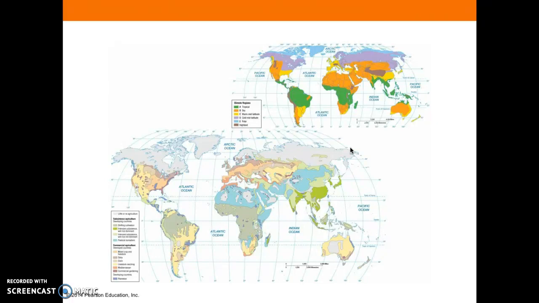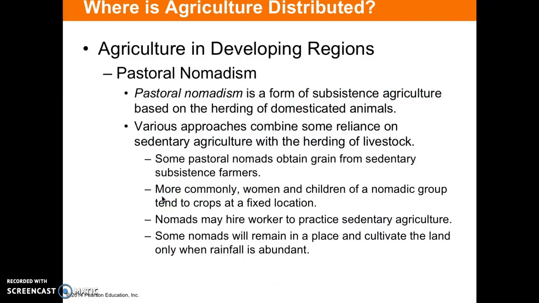And then in these areas you have intensive subsistence with wet rice. And this is intensive subsistence, not rice. Okay, this is wet rice, this is not rice. And then in more developed countries, you're going to see things like Mediterranean farming, dairy farming, commercial gardening. And so we'll go over this map in class a bit more.